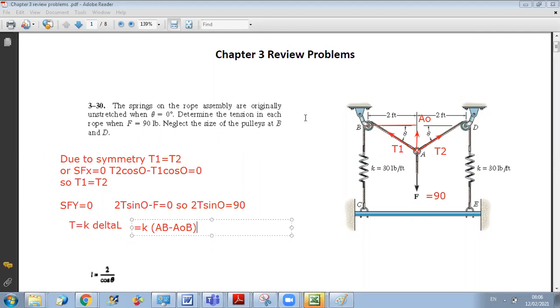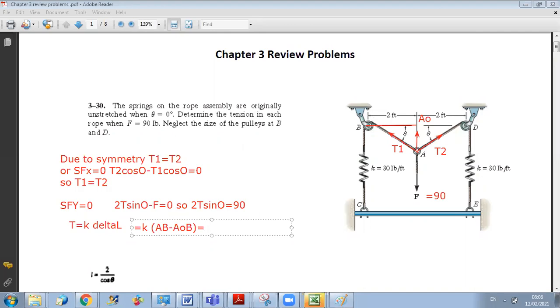And for AB, the length is equal to what? Look at your figure. I can express AB as a function of the angle theta, because in this right triangle, I can write that AB cosine theta equal to 2. So AB is 2 over cosine theta.